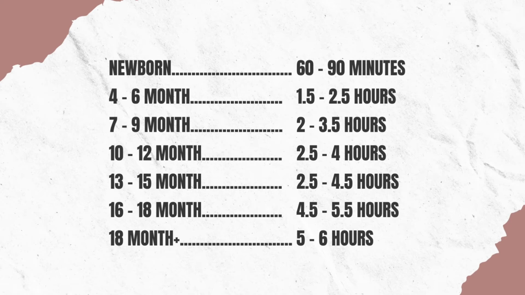And once you hit 18 months, it's about 5 to 6 hours, so you get approximately only one nap a day from that point on.